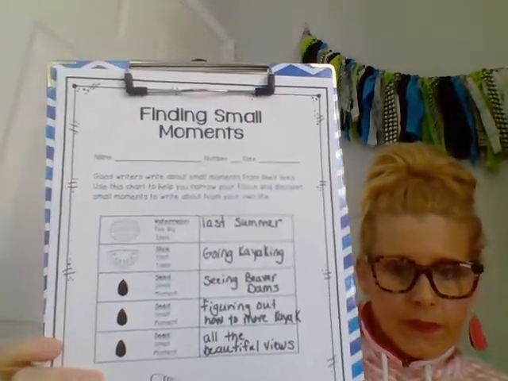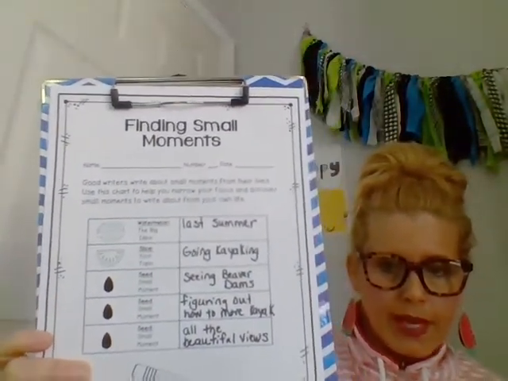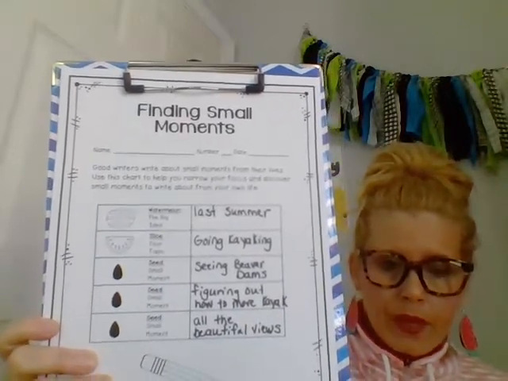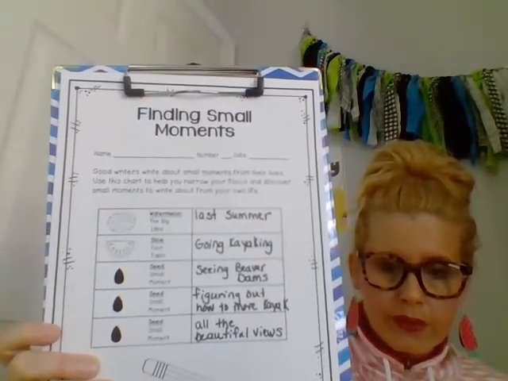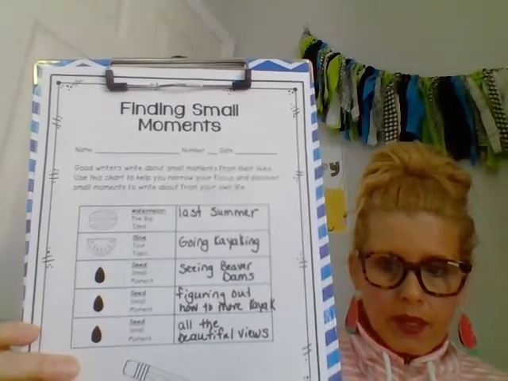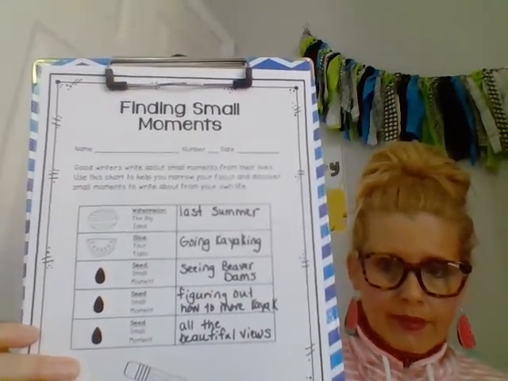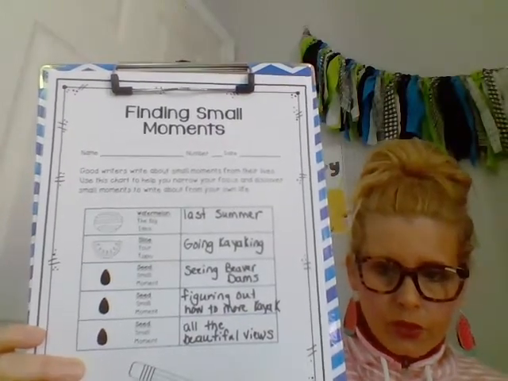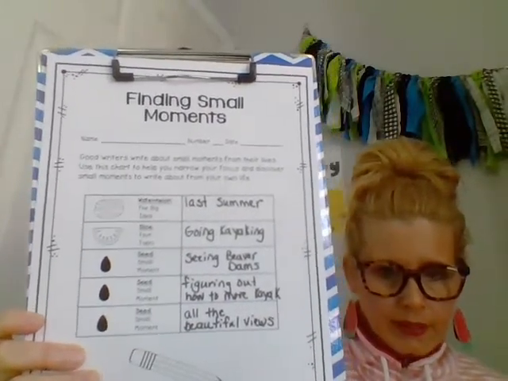That's a different type of graphic organizer, but with the same watermelon pictures. Again, the full-size watermelon is your big topic, or your big idea. And then the slice is the topic of your story, and the seeds are all the details. But you really want to focus in on those seeds.